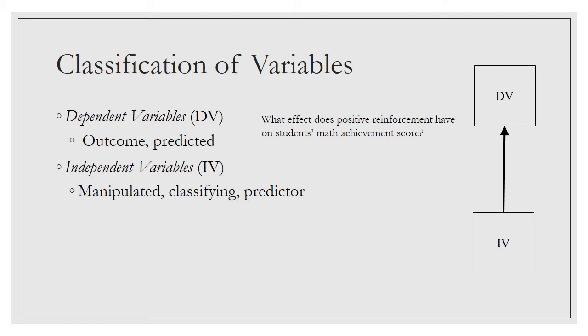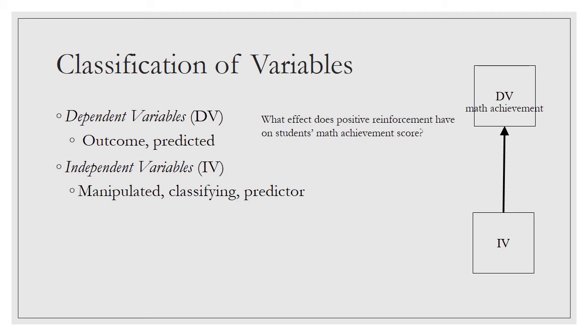What do we have control over is really the question. Well, maybe students are in classrooms, and maybe we have two groups. One receives a special positive reinforcement treatment. The other receives just normal treatment, we could call it a placebo effect, but there's no additional treatment added into that group.